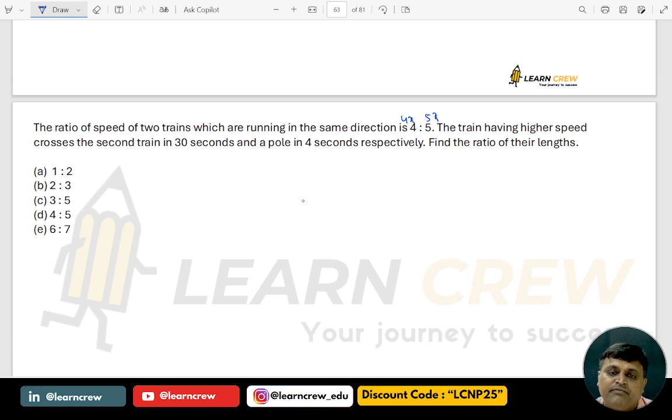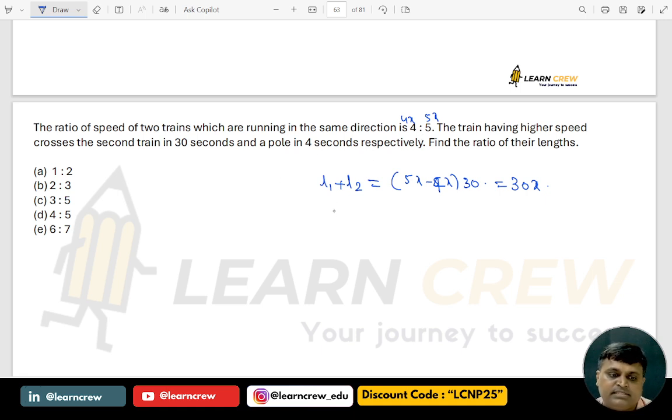Okay. So here, when one crosses the other, the distance covered is the sum of the lengths of both the trains, which is relative speed 5x minus 4x into time taken, 30 seconds. So the sum of the lengths of both the trains is 30x. It is given that the train having higher speed takes 4 seconds to cross a pole.